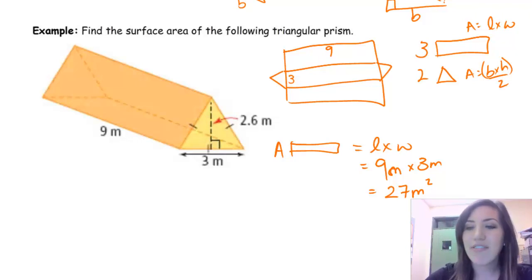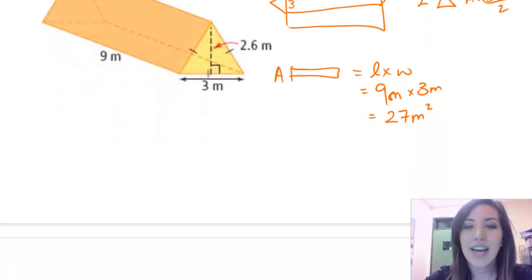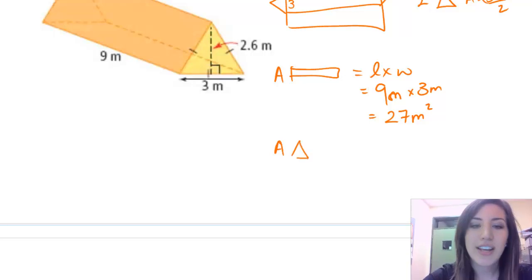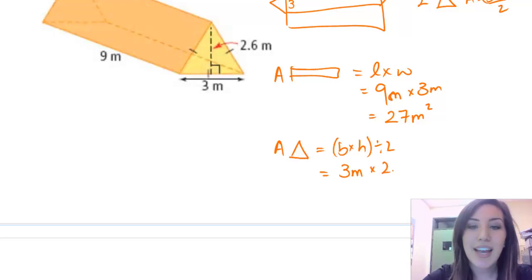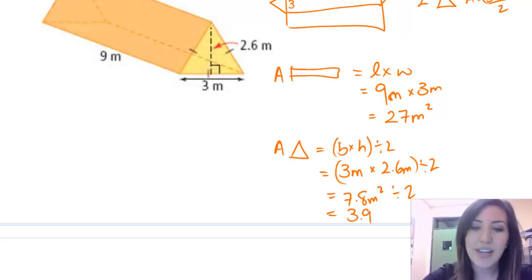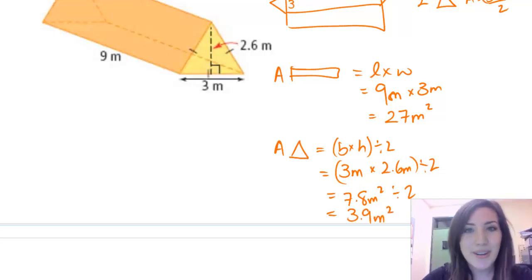Now let's find the area of the triangle. The area of a triangle is base times height divided by 2. So we plug in the base of 3 meters times the height of 2.6 meters divided by 2. If you plug that into your calculator, you get 7.8 meters squared divided by 2, and that gives you 3.9 meters squared.